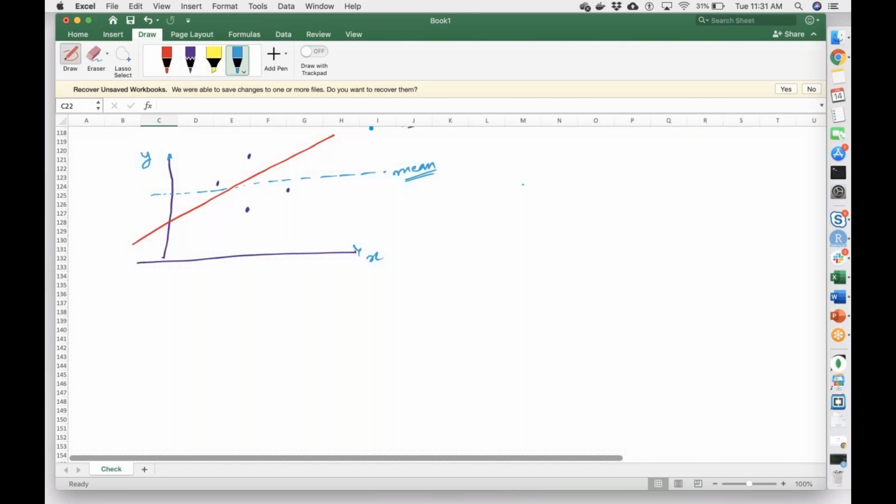Just for example, let's say error 1 is 0.5 and your error 2 is 5. Now if you square them, this is 0.25, so the value has been reduced, but if you square this, it has increased to 25.